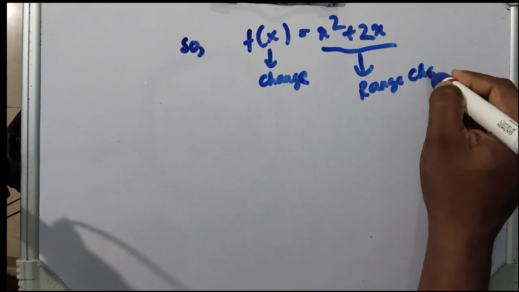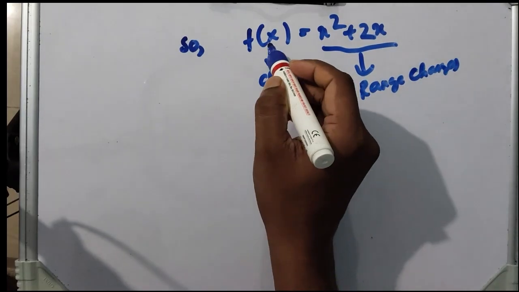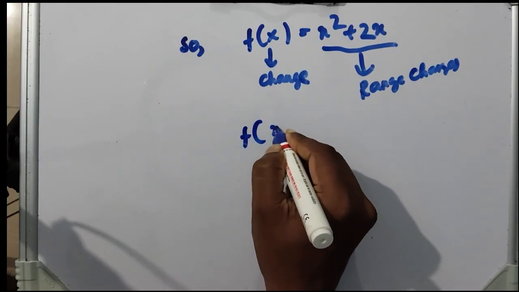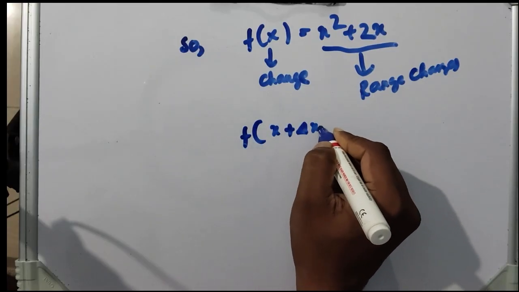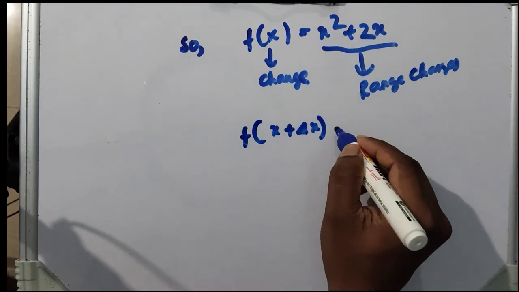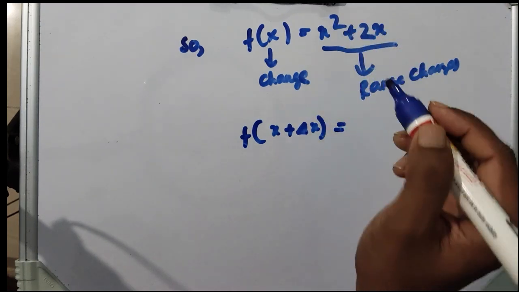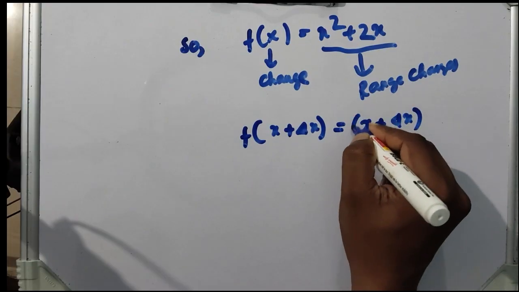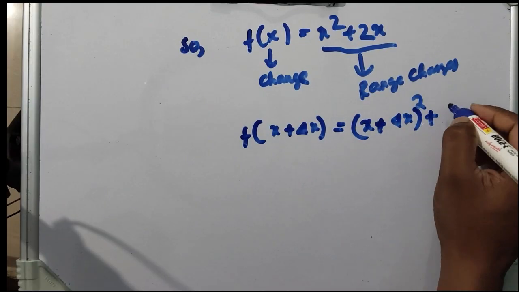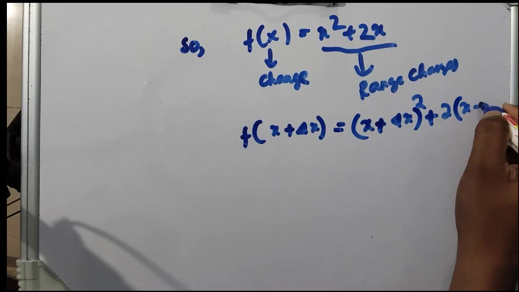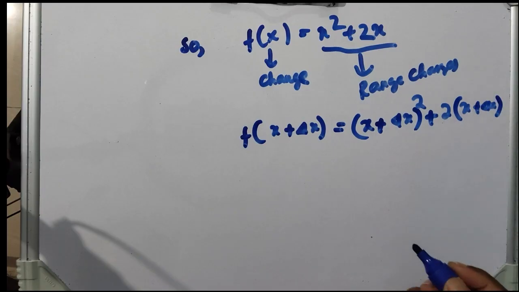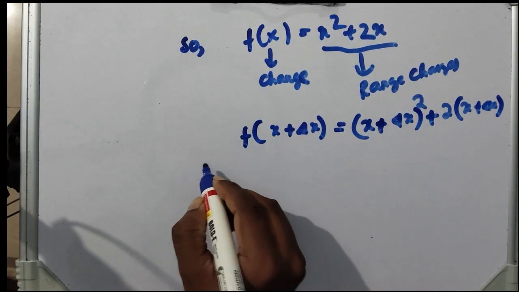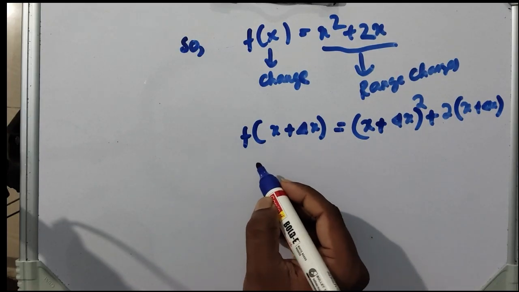If x value changes slightly, to x plus delta x, then accordingly there will also be a change in the range part. So this way of representation, delta x.